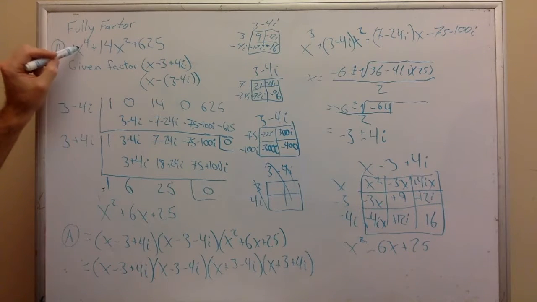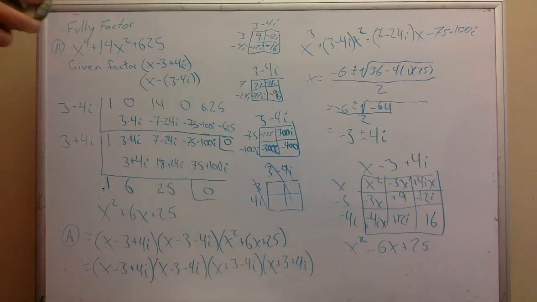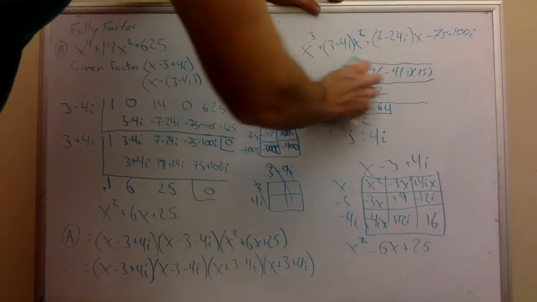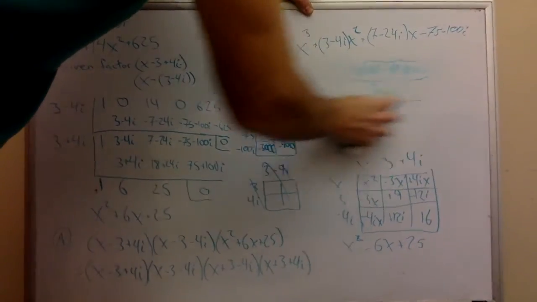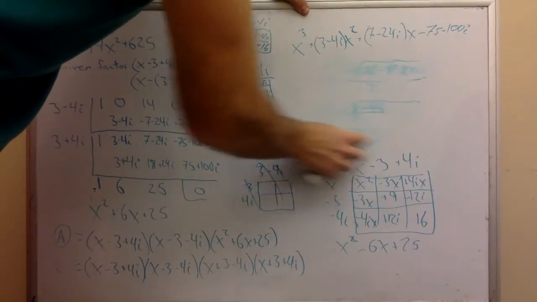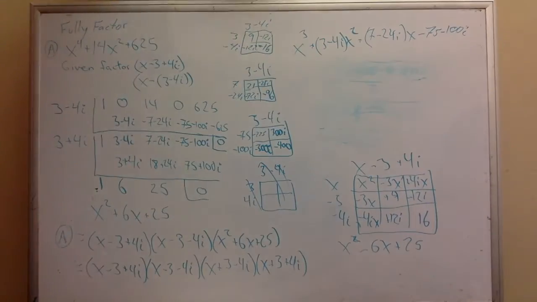Now that I have this, I could use long division to divide here. If I take this part and divide using long division, I can do that. So go ahead and try that on your own. I'll make a little space here and I'll try it. Alright.